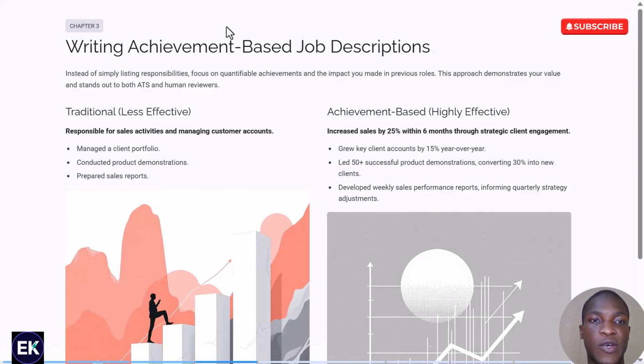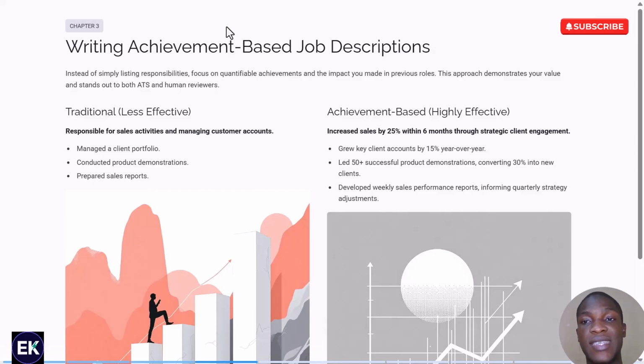Instead of simply listing your responsibilities, for example, responsible for sales activities and managing customer accounts, manage a client portfolio, conduct product demonstrations, prepare sales reports. These are just responsibilities. They are not going to be effective in the face of ATS. Because these are things you would expect the person posting the job to put in the job posting, not someone applying to put on their CV.